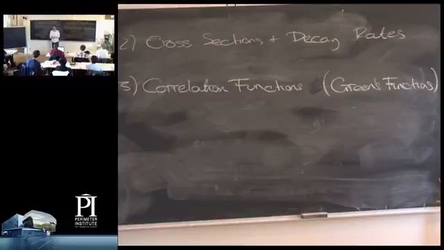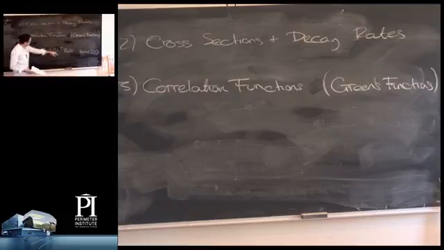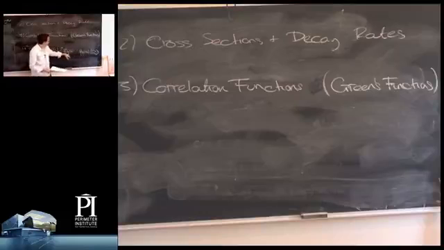It's not at all clear what you should calculate in terms of scattering amplitudes. What you need is something more abstract, called a correlation function. A correlation function, also known as Green's functions, sometimes known as n-point Green's functions, is the following. Again, it's a time-ordered product, but of objects in the Heisenberg picture, not the interaction picture.